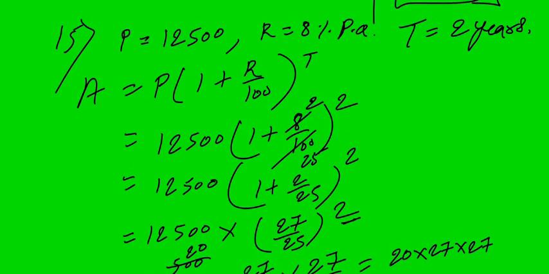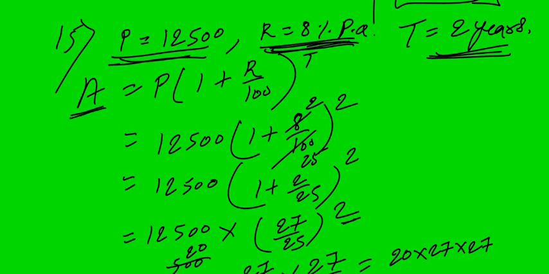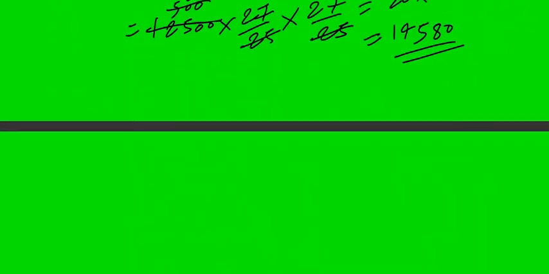I hope you are all aware of this. If the present population is given, that means we can take P, the rate of increase is given, we can take rate, and time is given, we can take time. And simply you have to apply the formula of amount is equal to principal into 1 plus rate by 100 whole to the power time. Now moving to the next question.